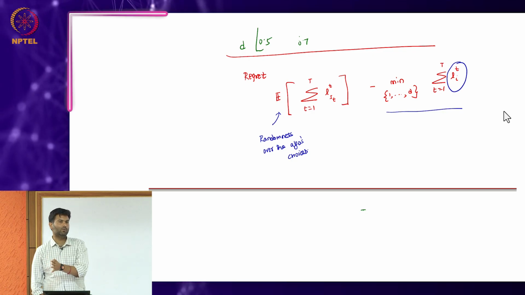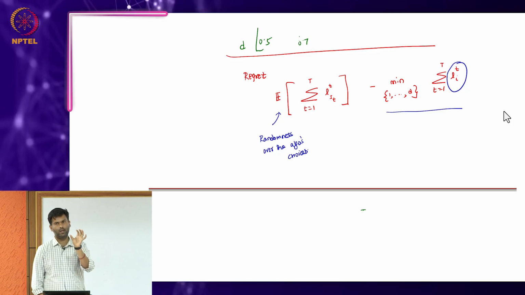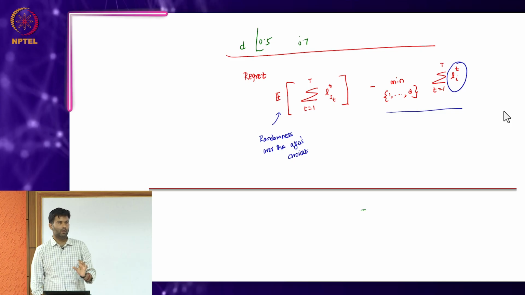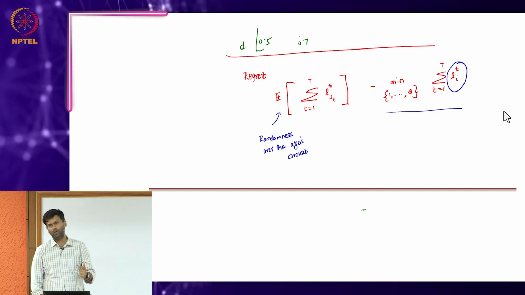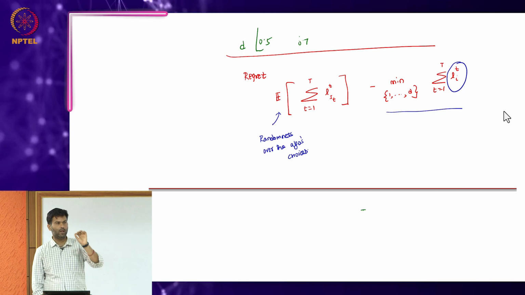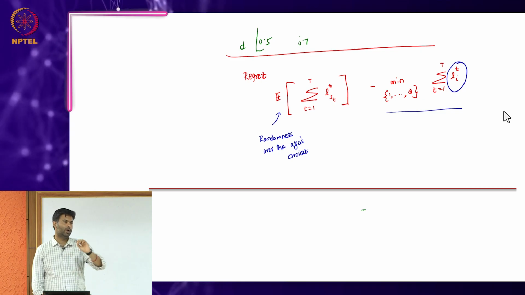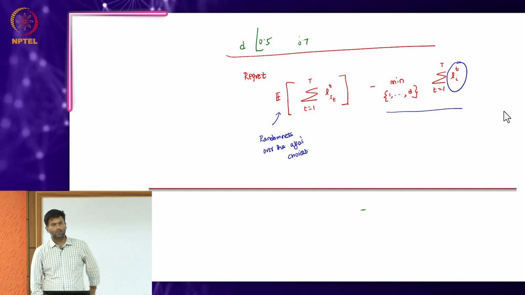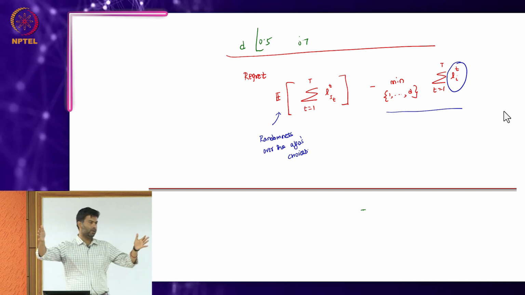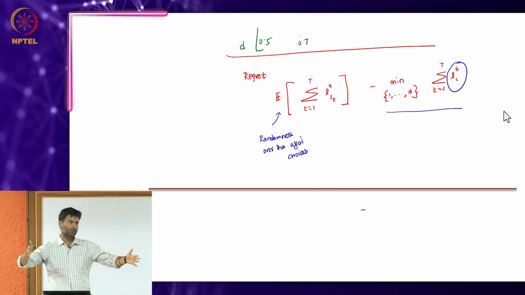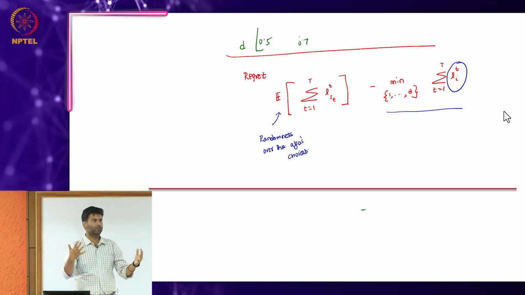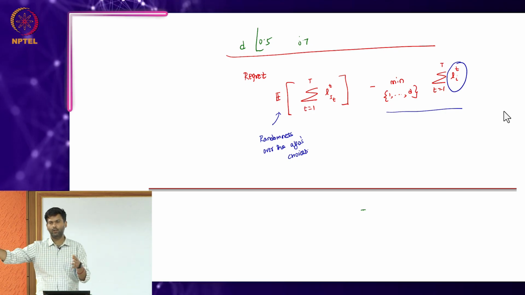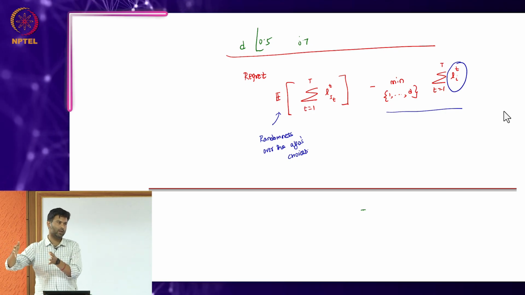At the end of 1000 rounds, I have some loss that I have observed for each of these people. Now, in a simplistic way, I will pick the one with the least loss and then just use that person from there on. Is the idea clear? So I will allocate 1000 rounds where I am just collecting information: first 100 rounds first guy, second 100 rounds second guy, and up to the 10th guy.